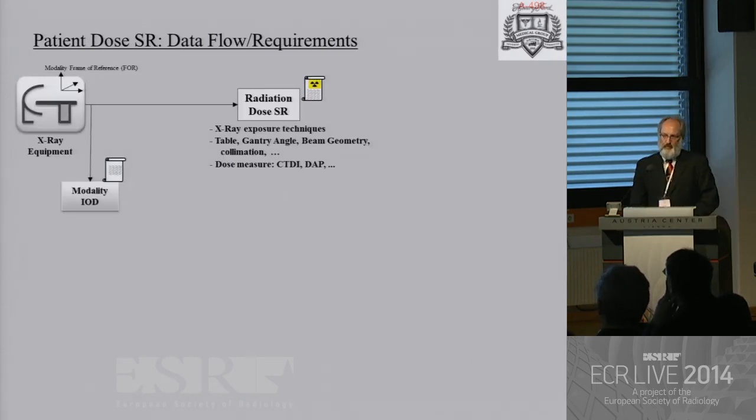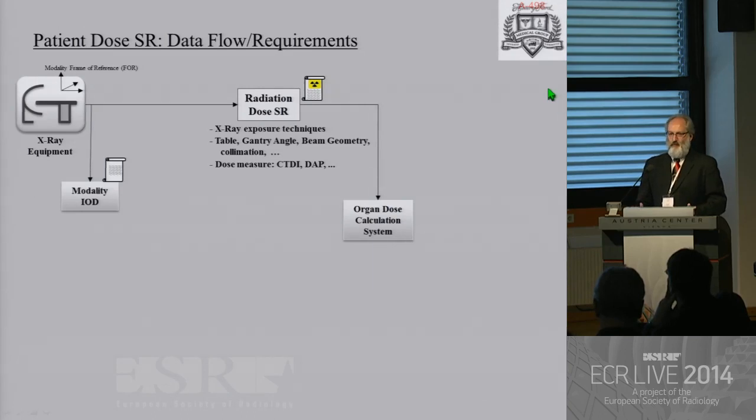The patient radiation dose structured report is something that we as physicists do all the time. Right now, in this little graphic I'm going to show you, if it has a little white scroll, that's something that's already in the standard. You have an X-ray system, a CT system, it has a radiation dose structured report, and it has the IOD with the image.